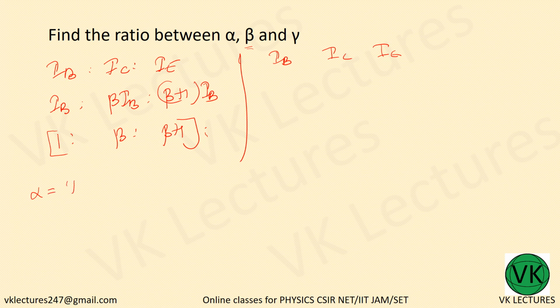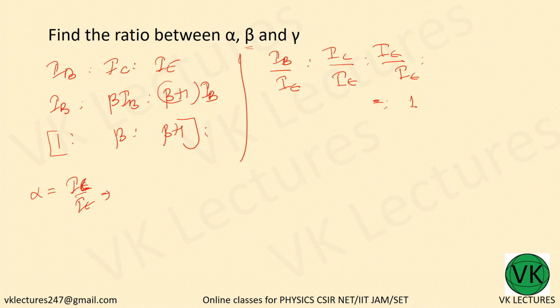Alpha is nothing but IC by IE. So IC is here. Let us divide by IE. So this value is equal to 1. IE by IE is 1.